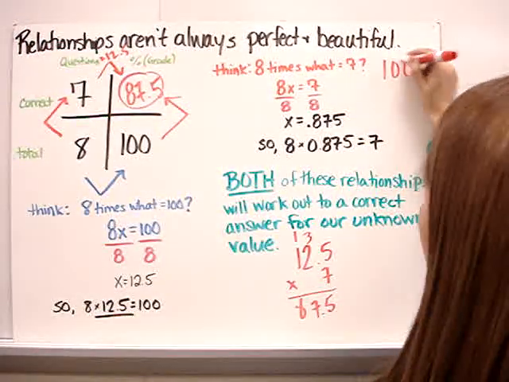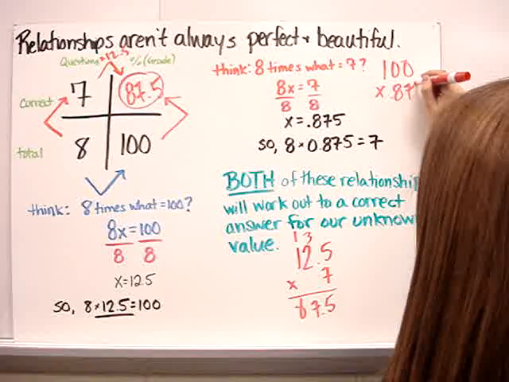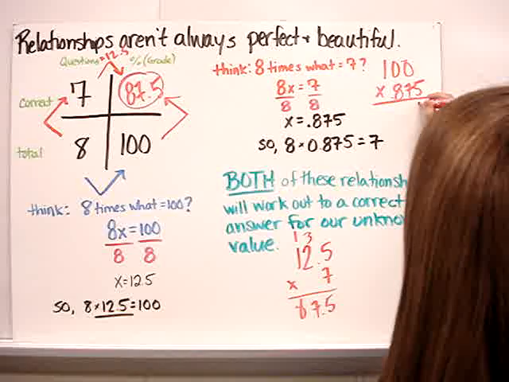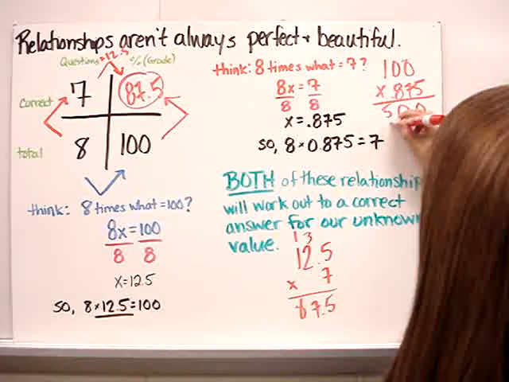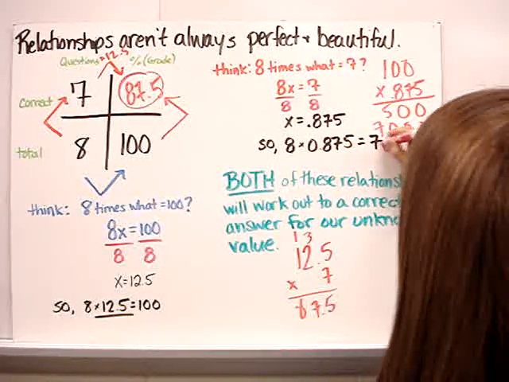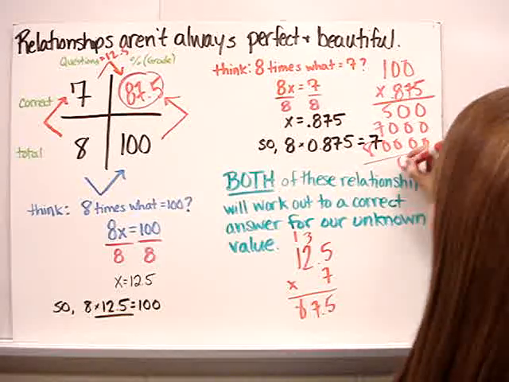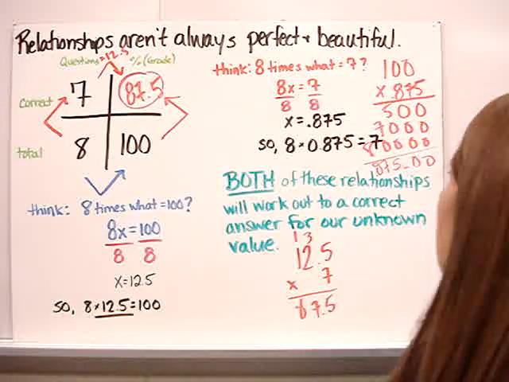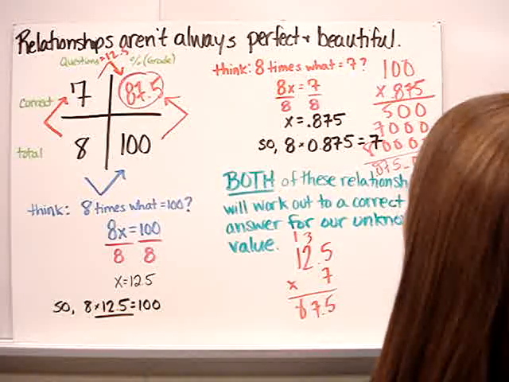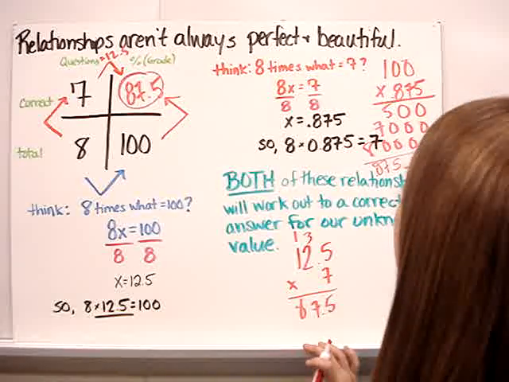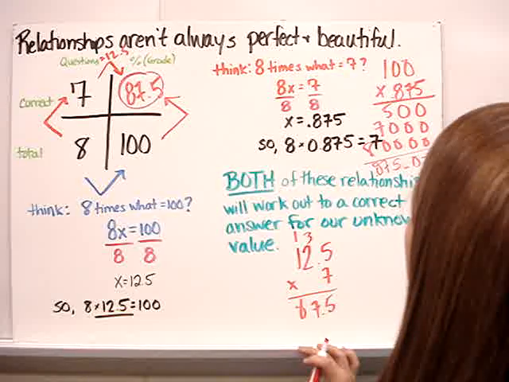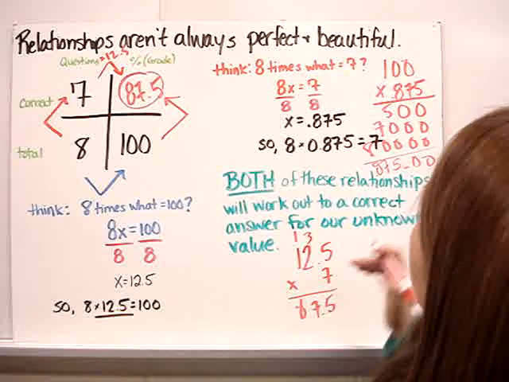And if you don't think that makes sense, have a look at that. We've got 0.005, 0.07, 0.8, add it all together. Whoops. 5, 7, 8. How many decimal places? 3? Whoa. 0.875. What did I do this time?